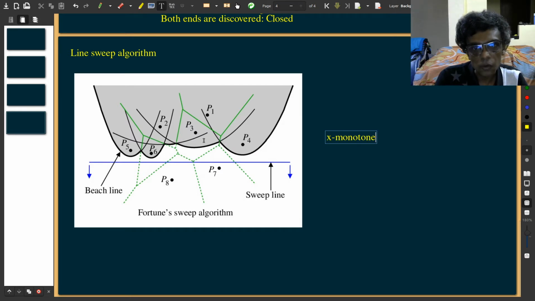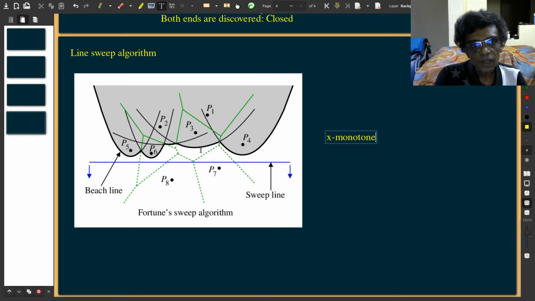Here also, P3 and P4, these two parabolas are meeting here. So this distance and the vertical perpendicular distance, these three are equal. Therefore, as the sweep line moves downward, this intersection point will move along this P3, P4 perpendicular bisector.